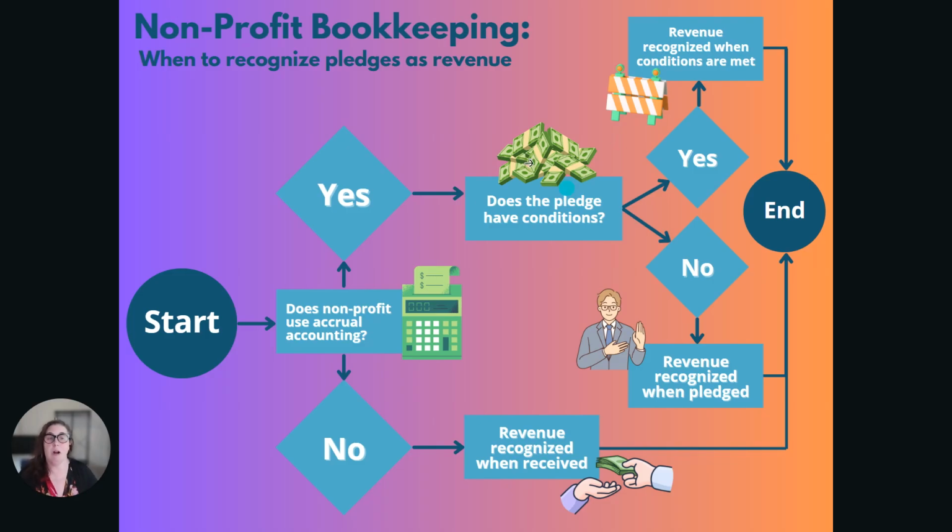Now, going back to our previous question, does the pledge have conditions? Let's say the answer is no, that the pledge was made with no conditions. Well, in that instance, the revenue must be recognized at the time it was pledged.